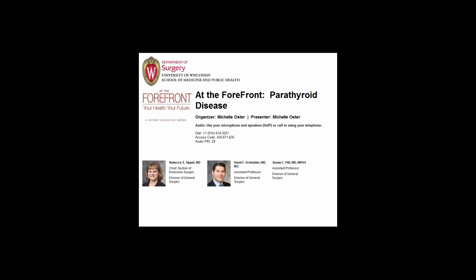So how do we diagnose this disease? It's primarily a lab diagnosis or based on blood work. Mainly elevated calcium and an elevated PTH, but then there are some variations in this which we call mild disease. So you could have the disease with a normal calcium, or you could have a normal PTH, and some patients do have both.